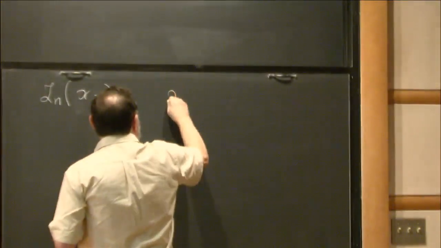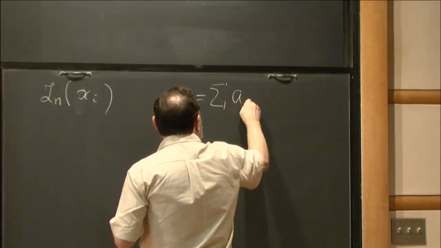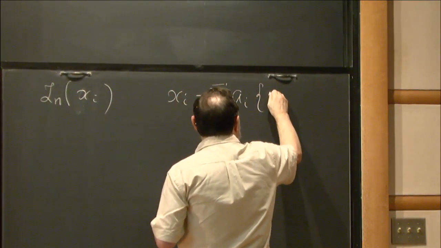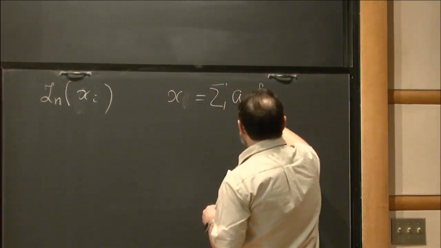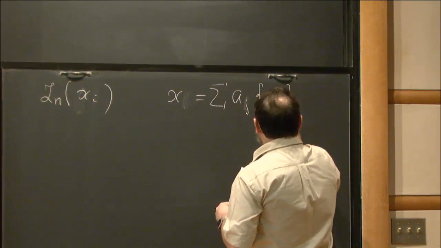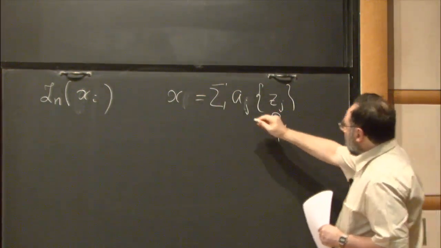So these xi's are just some linear combinations, sum of a_j z_j, and this lives in your number field F, and this is a rational number.